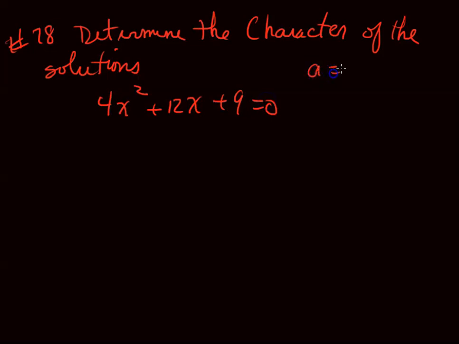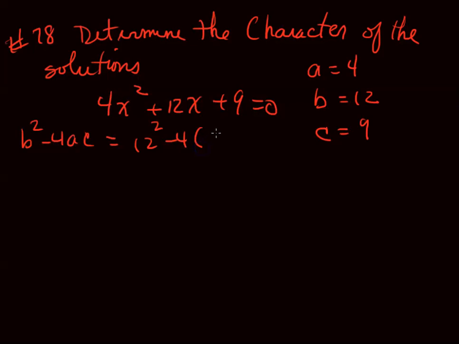What is A? 4, B, 12, C, 9. What is b squared minus 4ac? That's 12 squared minus 4 times 4 times 9.